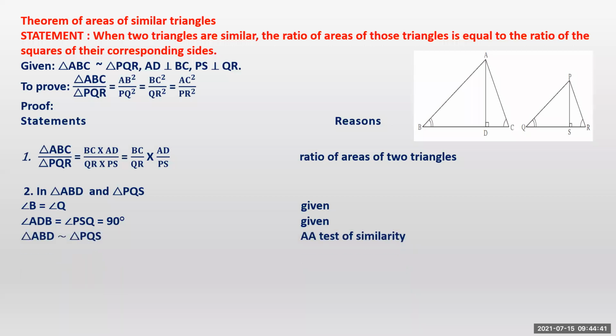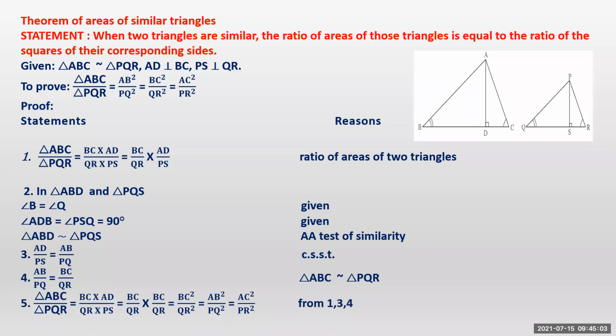So triangle ABD is similar to triangle PQS by angle test of similarity. AD upon PS equals AB upon PQ. So AB upon PQ equals BC upon QR.